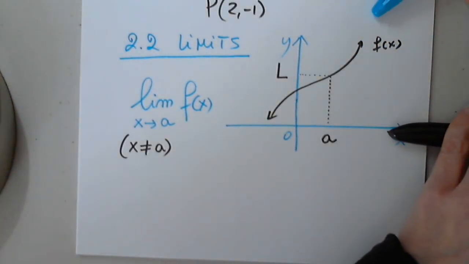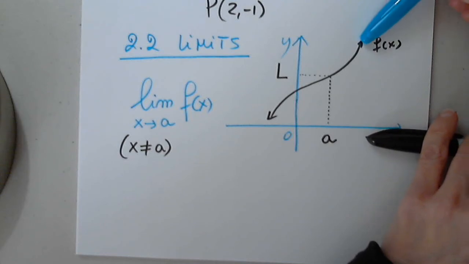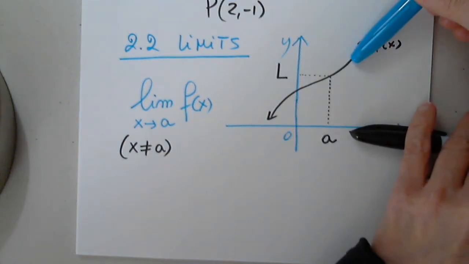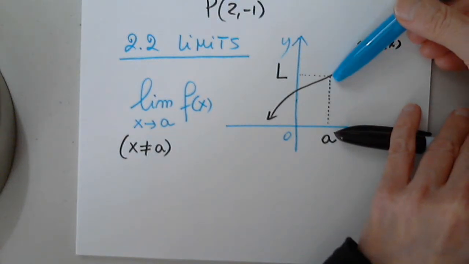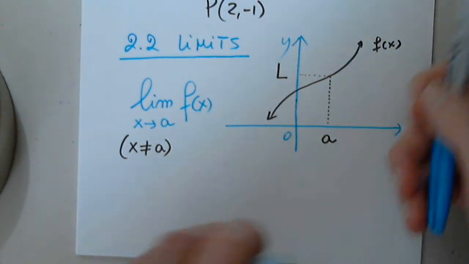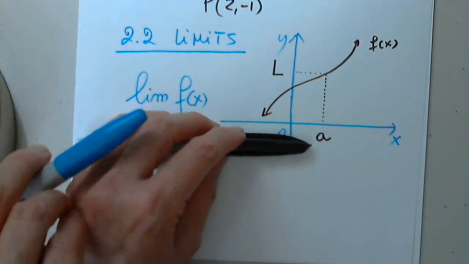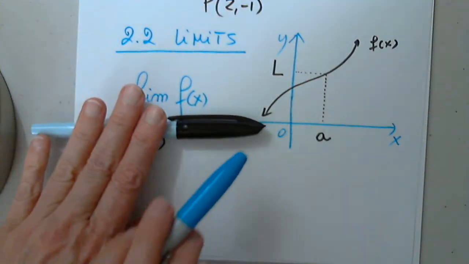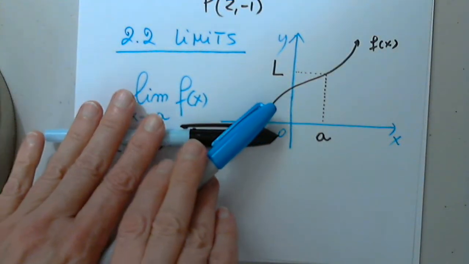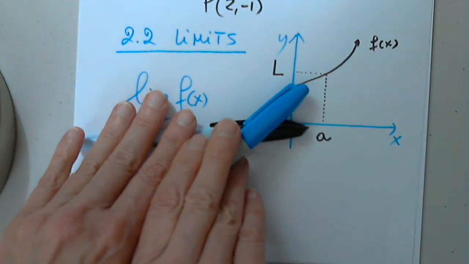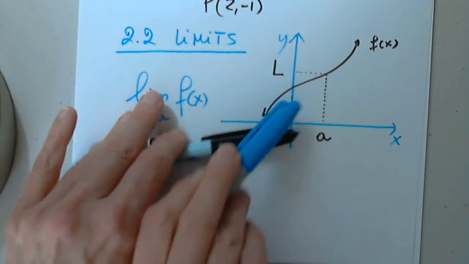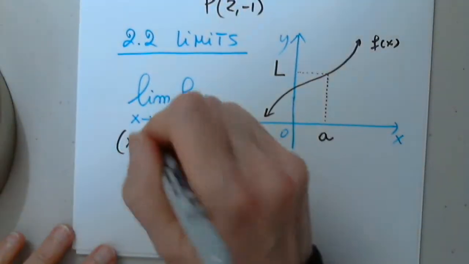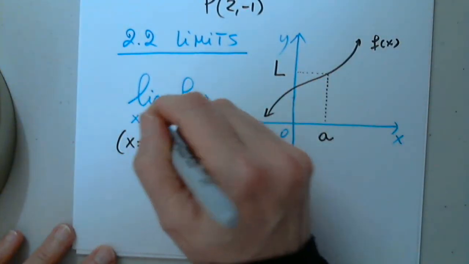As X approaches A from the right, the function values get closer and closer to L. That's it. Now let's see from the other side. As X approaches A from this side, the function values get closer and closer to L. That's it. So this is the tendency or the limit.